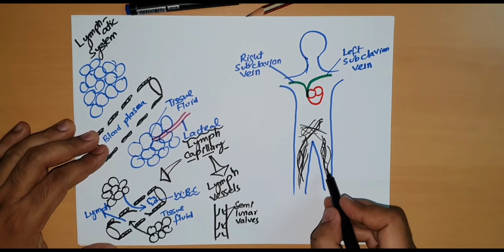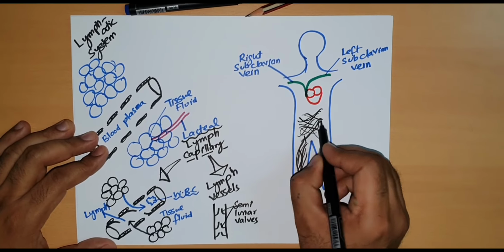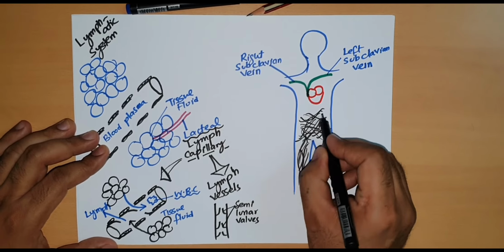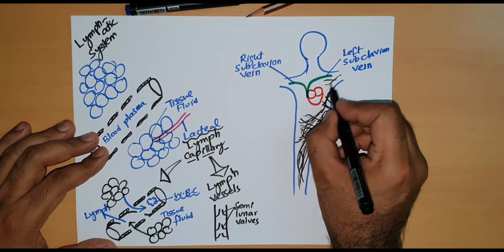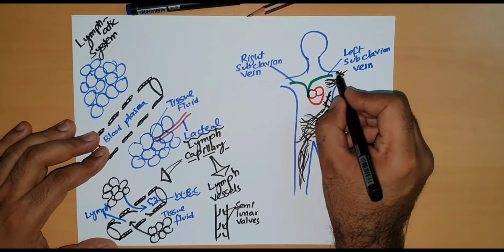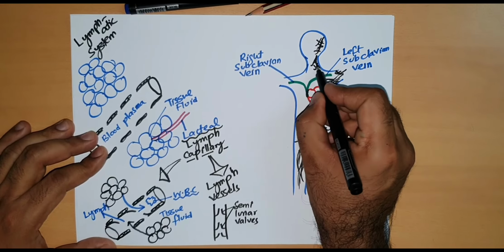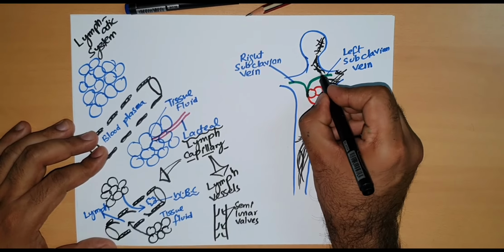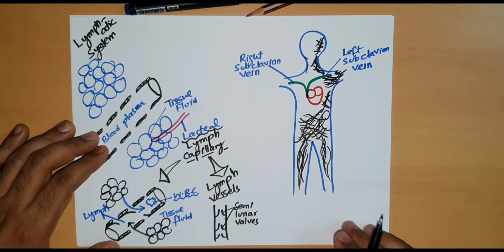So the lymph vessels from both legs, from the abdomen, from the left side of the chest, left shoulder and left arm, left side of the head and left side of the neck, they pour their lymph into the left subclavian vein.